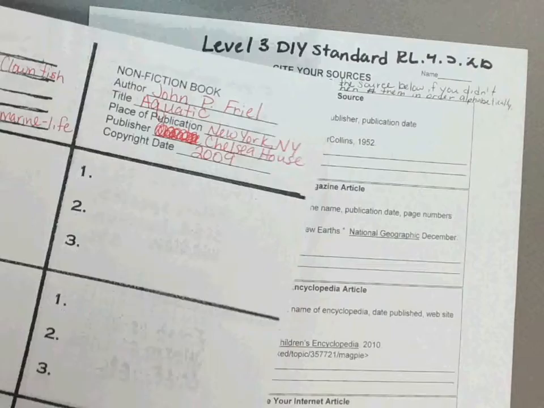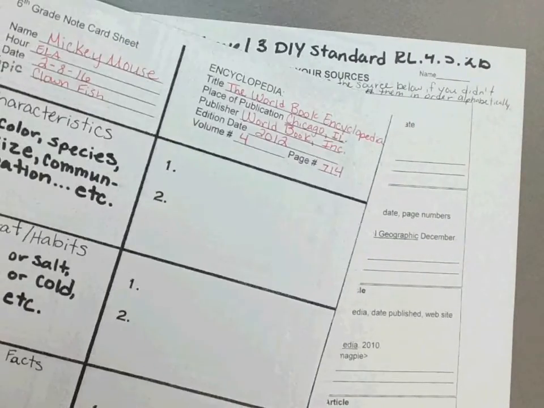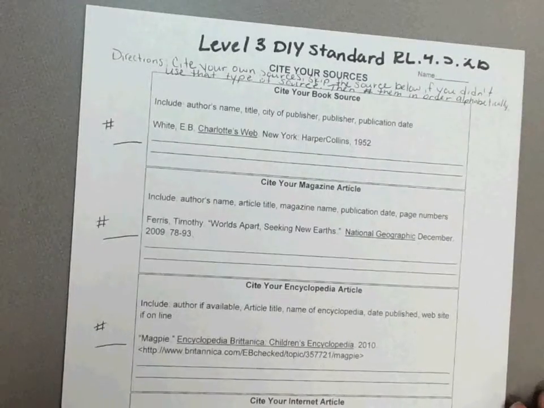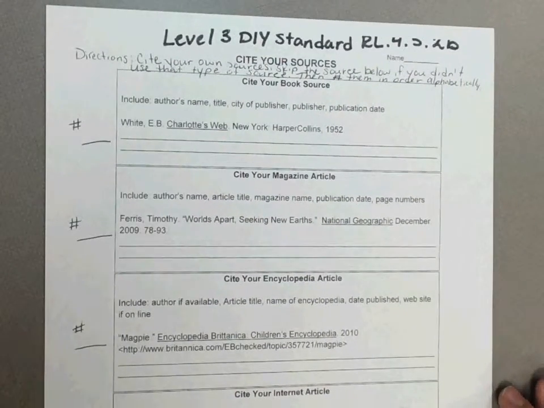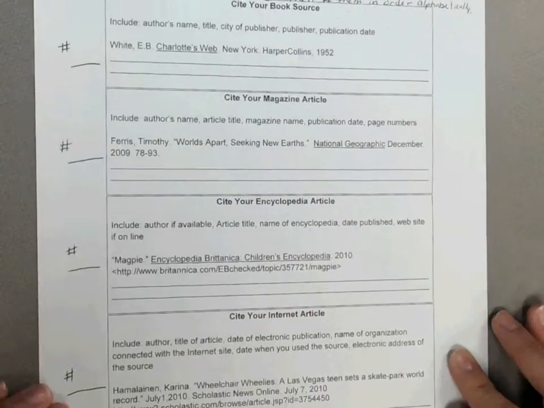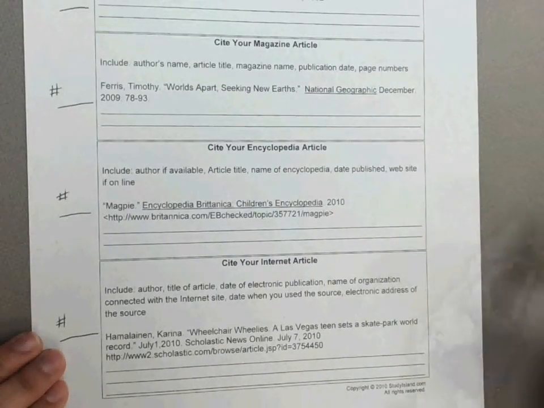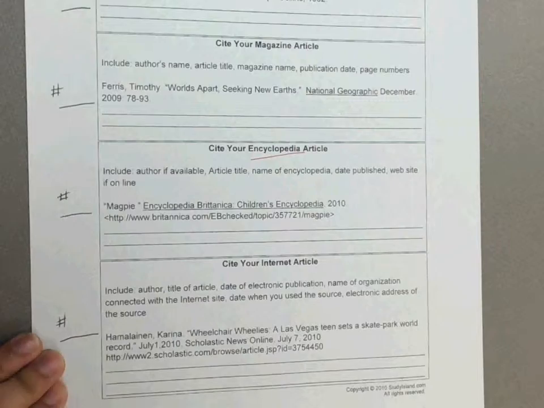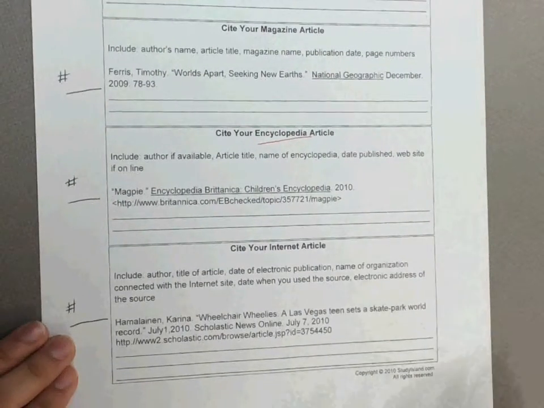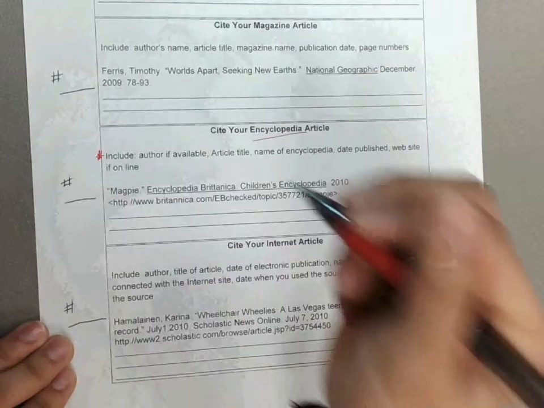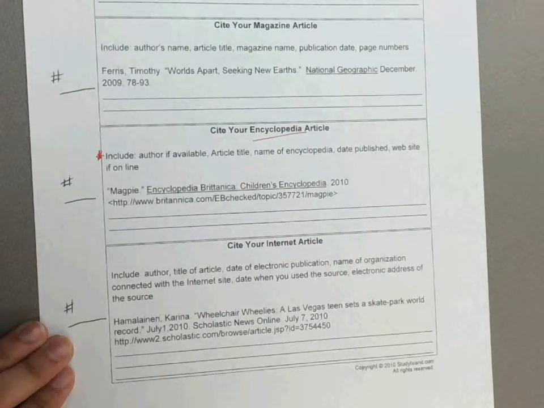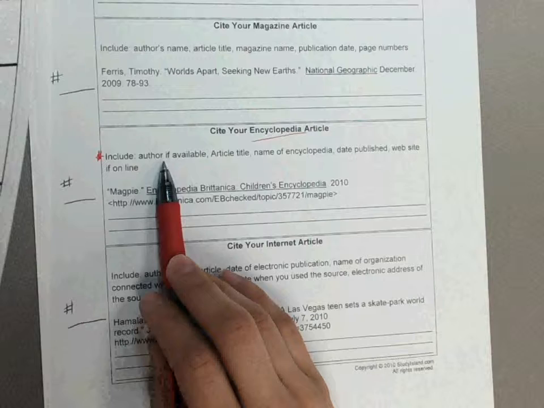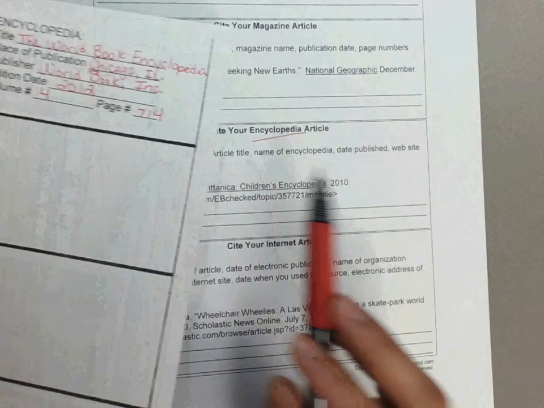So first, let's start with our encyclopedia. So you're going to look on your paper and you're going to find a section that says encyclopedia, and we are going to follow the format, which is right here. So the first thing that it asks for is the author if available.